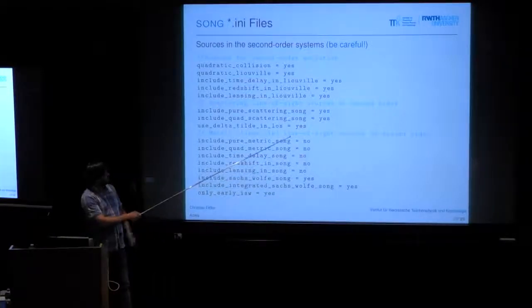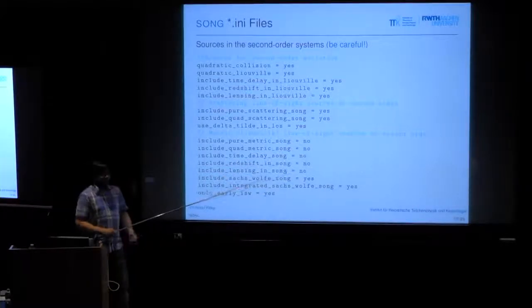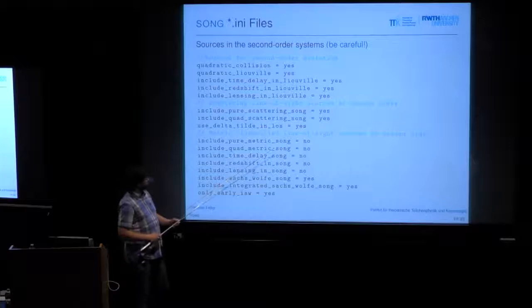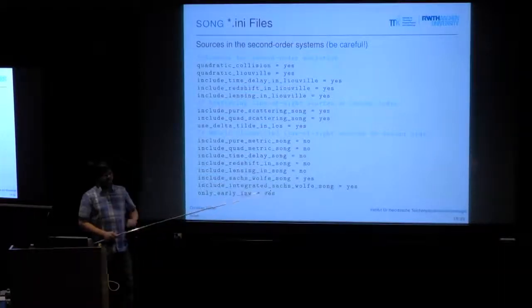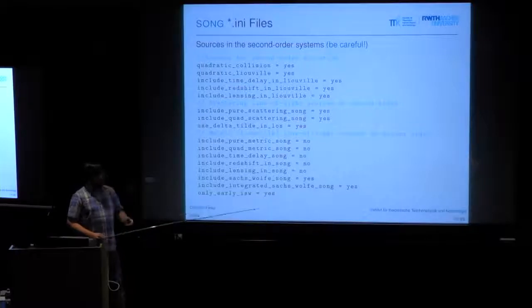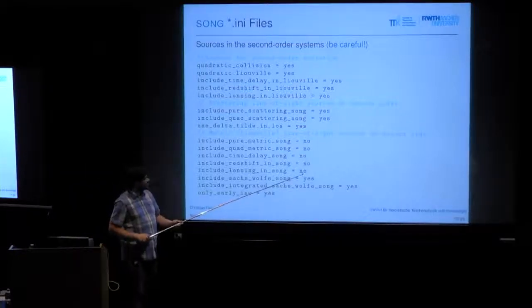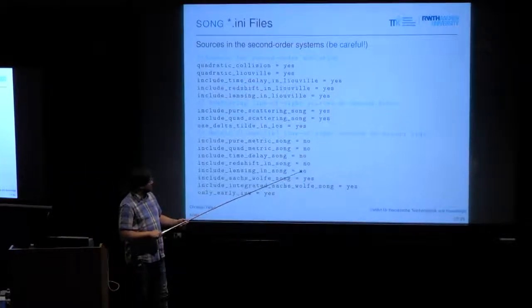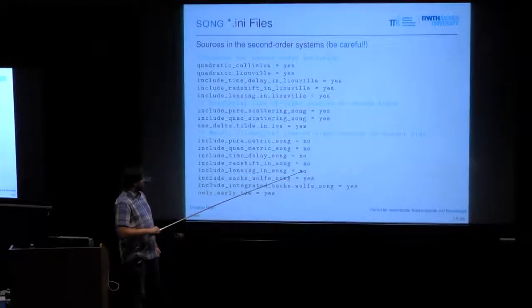And here you see that in the presets, all of these are turned off by default. And this is what I explained yesterday, because we want to, for example, take lensing not by solving the second order system, but by making an expansion in weak angles, so weak deflection angle expansion. So this means we have to set it here to no, otherwise it will be double counted.